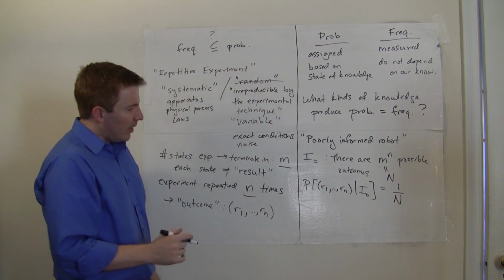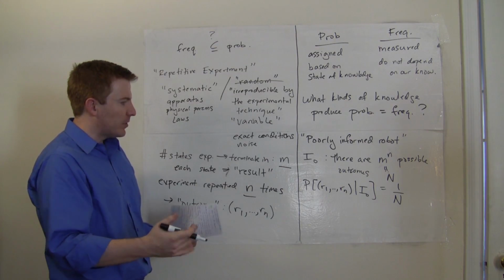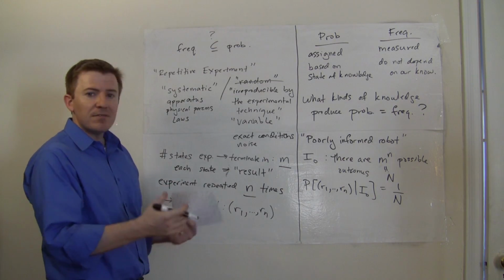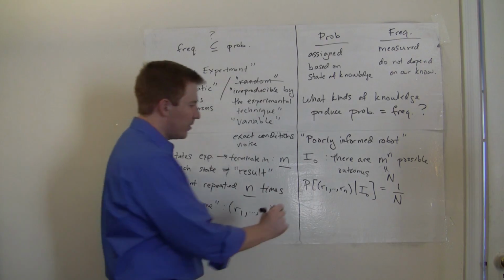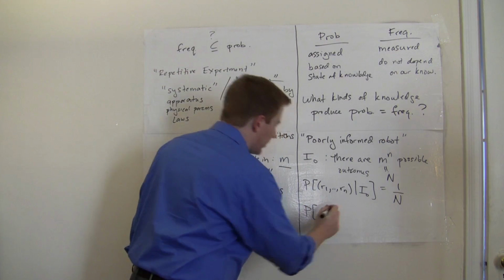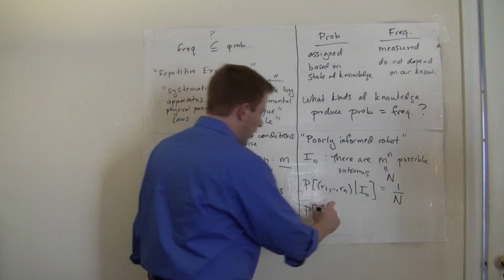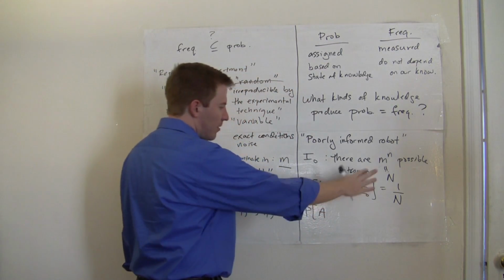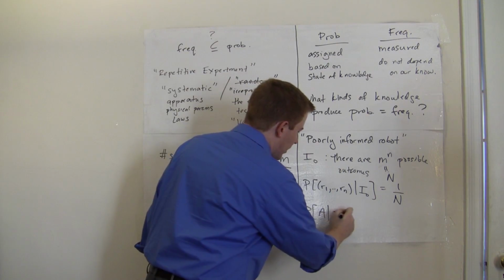If we asked it for probabilities of sets of these things, what we'd call an event, let's say we want the probability of some event A, which is a subset of all the possible outcomes.